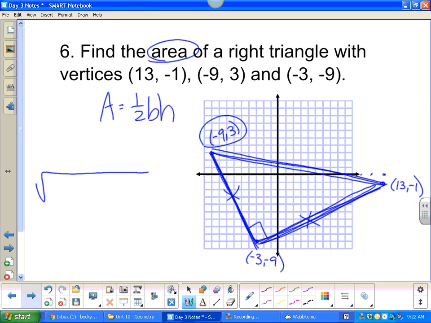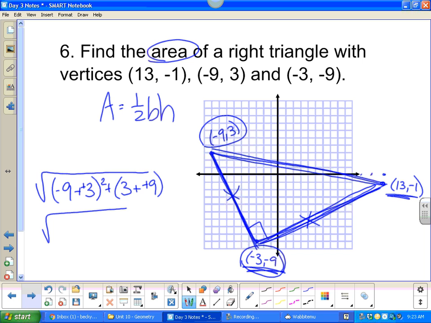So first one, I'm going to do this point and this point. So negative 9 minus a minus 3 squared plus 3 minus a minus 9. And then I'm going to do this point here and this point here. Negative 3 minus 13 squared plus negative 9 minus a negative 1 squared.